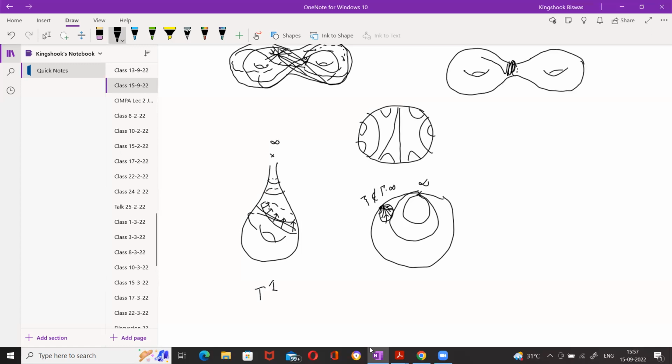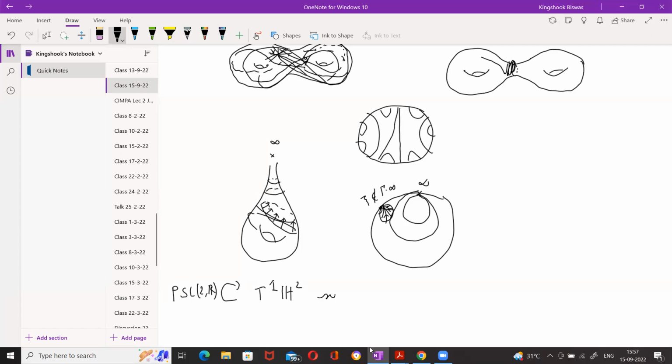So see the tangent bundle of H2: PSL2R acts on this simply transitively. This action is simply transitive.